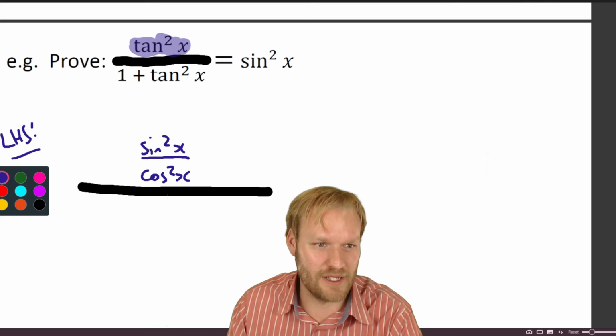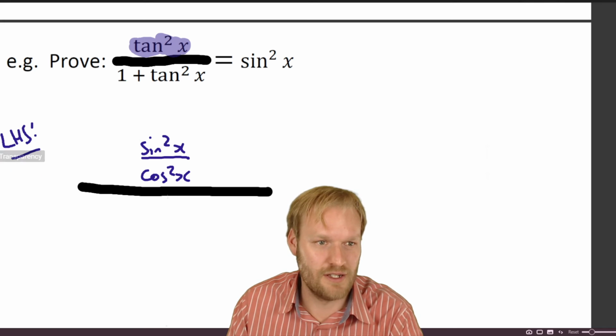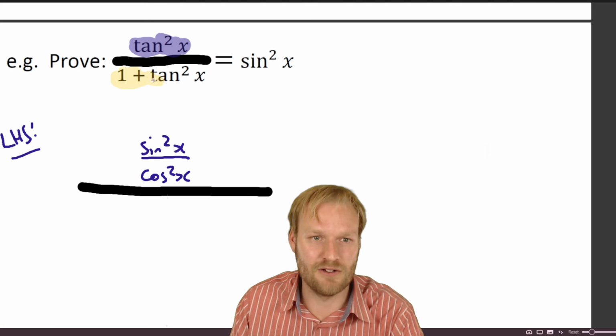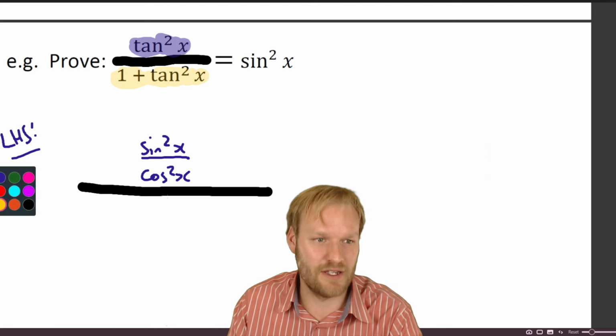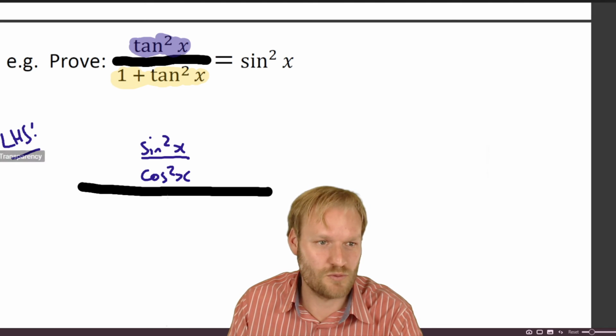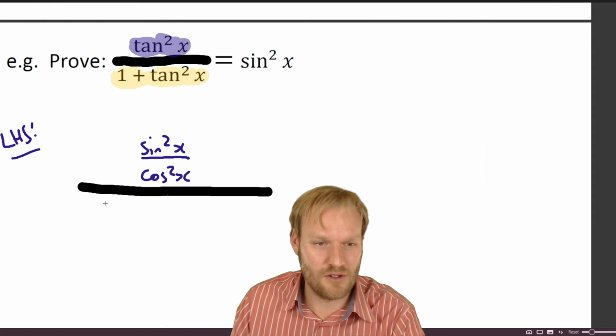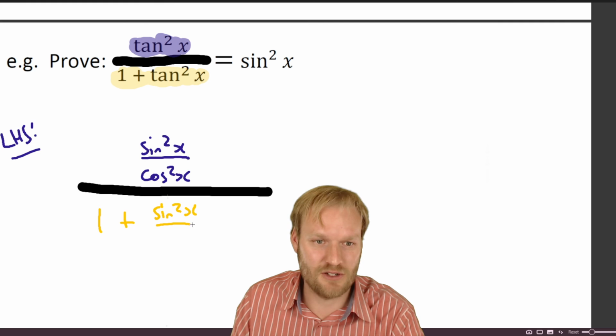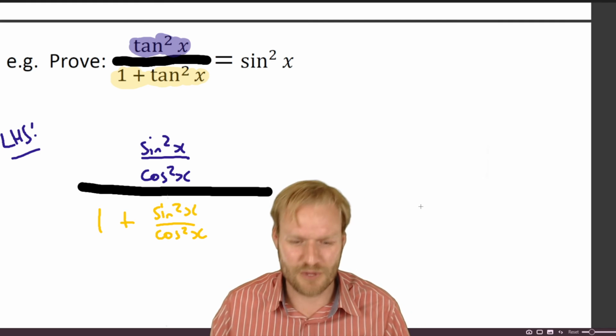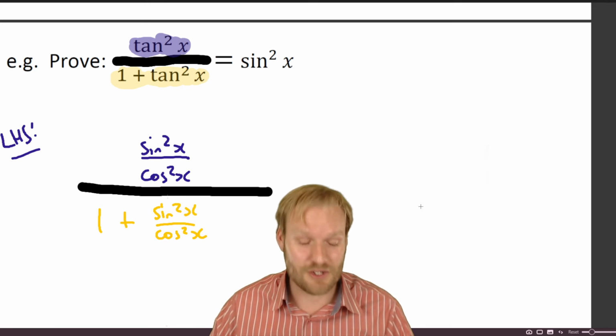And in the denominator, let's go for a nice yellow, and that is 1 plus sine squared x over cos squared x. Hopefully that was all worth it with all the colors.